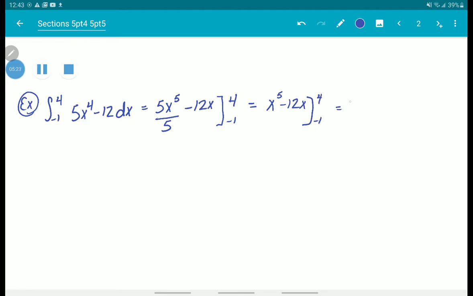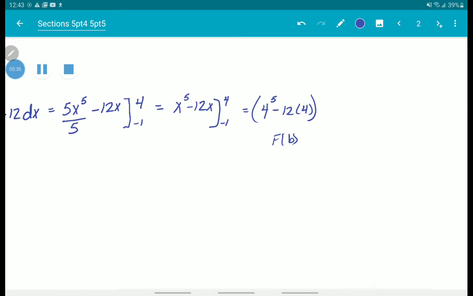So we're going to plug in our top limit. So we're going to have 4 to the 5th minus 12 times 4. Notice I've put parentheses around that. This is my f of b. And then I'm going to subtract f of a, minus negative 1 to the 5th minus 12 times negative 1. This is my f of a. So let's simplify this.